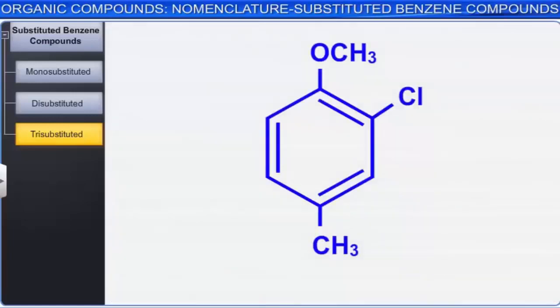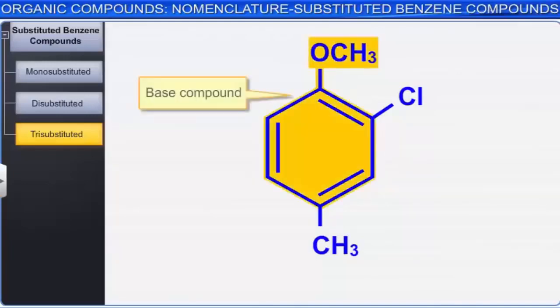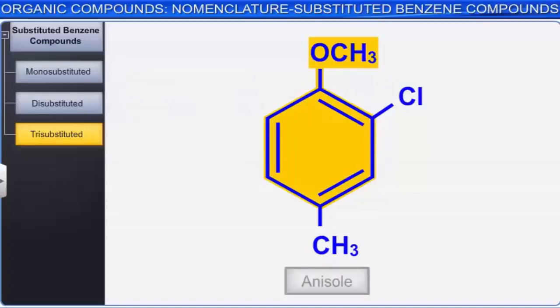In certain cases, the common name of the benzene derivative is taken as the base compound. Thus, anisole is a base compound in the following structure. The numbering of the carbon atom starts from the carbon bearing the substituent of the base compound. Thus, the carbon bearing the substituent of the base compound, methoxy, is assigned the number 1.